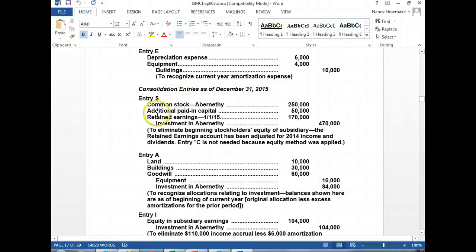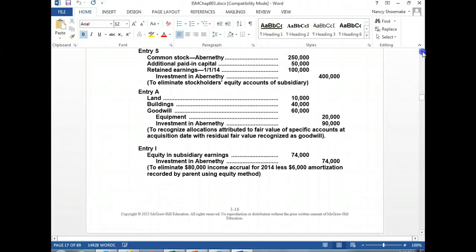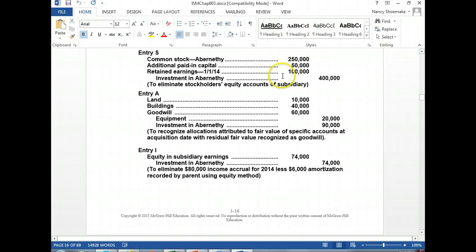So again, in 2015, to make the consolidated financial statements adjusted to show the correct numbers for 2015, we're going to have to clean up the common stock and additional paid-in capital. But look at the retained earnings, guys. In the previous year, the retained earnings were $100,000. Do you see that?